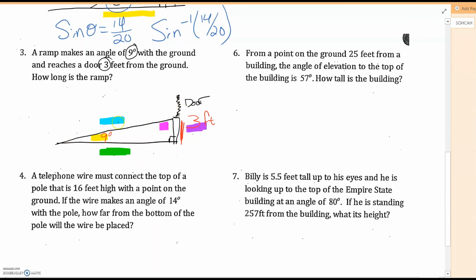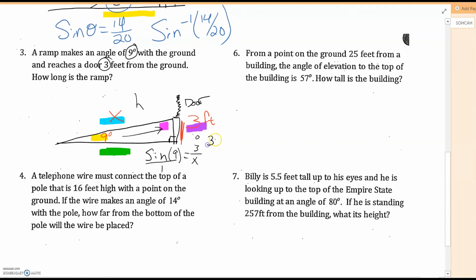So now I need to put an X somewhere. How long is the ramp. So then, this is, again, opposite and hypotenuse. So I do sine of 9 equals 3 over x. From here I can cross multiply.